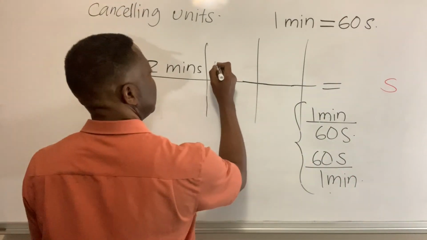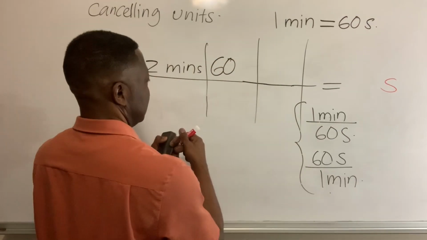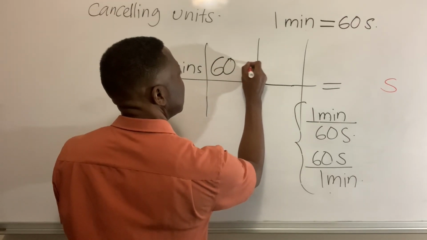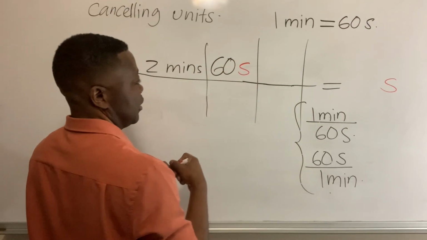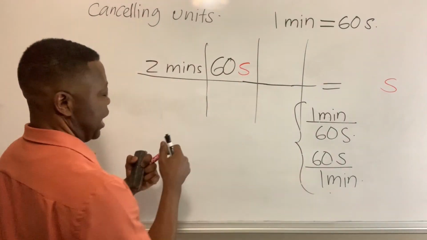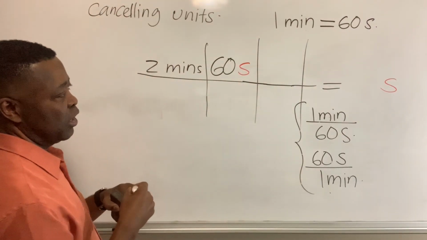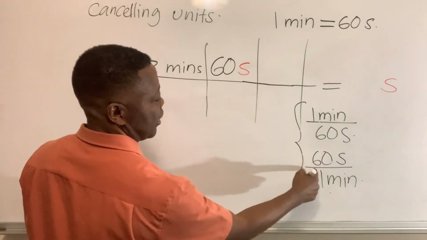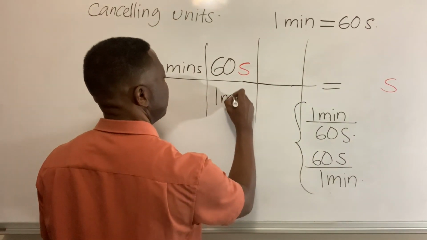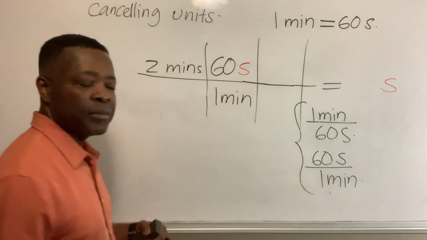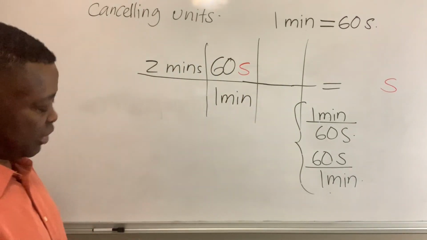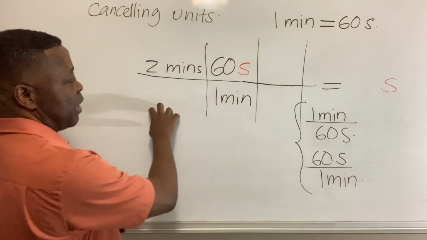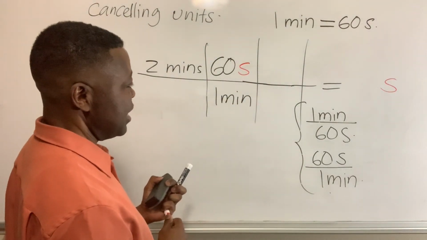So 60 seconds, right? I write the second, the one I want in my answer. I write it in red to keep track. 60 seconds over 1 minute. Do I need another step? I don't think so, because in 1 step I already have what I needed.